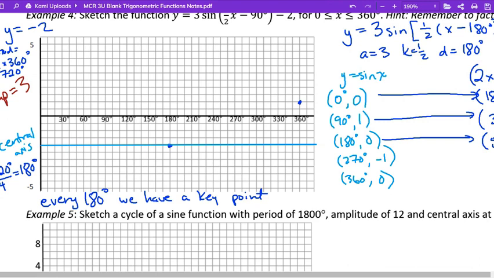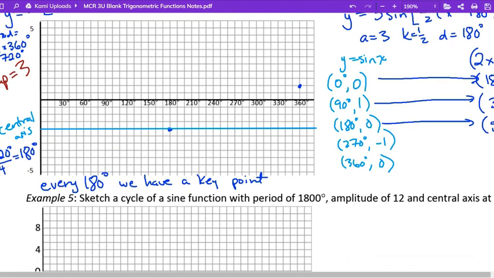All right, so let's walk through this. First of all, if the central axis is y equals -2 and the amplitude is 3, how low will the next point go? -5, right? So I know somewhere along this line, I'm going to get a point. Next, I need to know where.